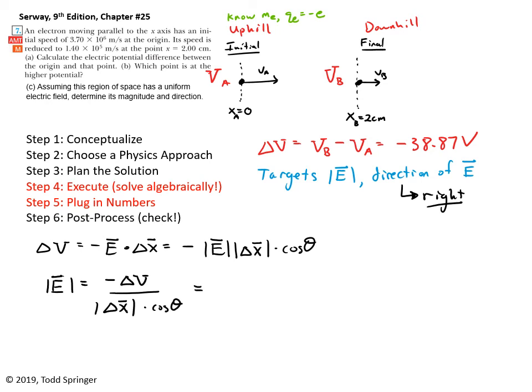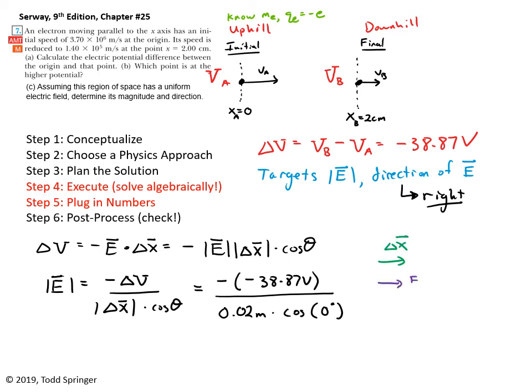Now delta V we know, minus, and then we have another minus 38.87 volts. And then in the bottom we've got delta X, that's the magnitude of the vector going from point A to point B, so that's 2 centimeters, 0.02 meters, times the cosine of theta, and we said that theta was 0 degrees because delta X was pointing to the right, and E was also pointing to the right.